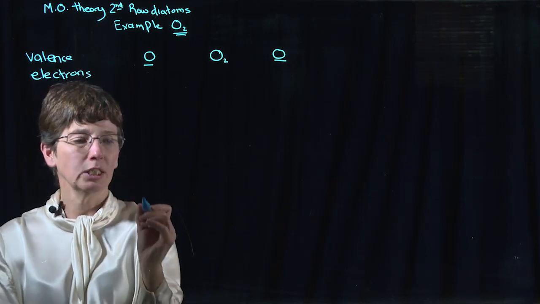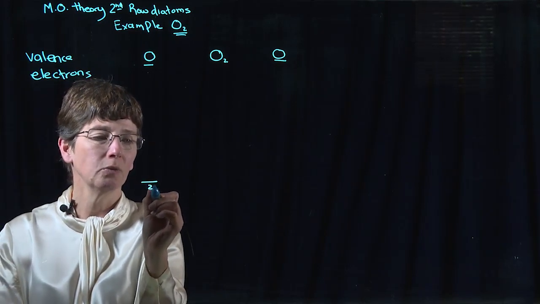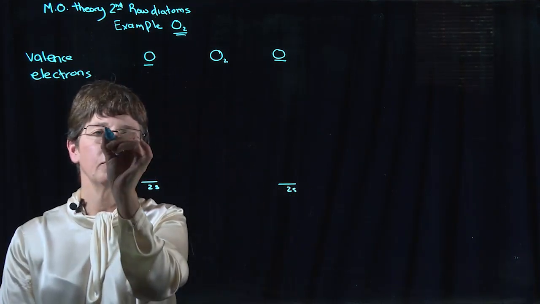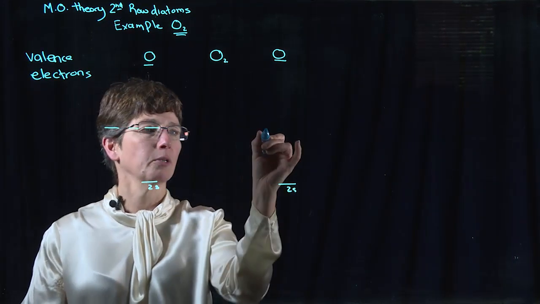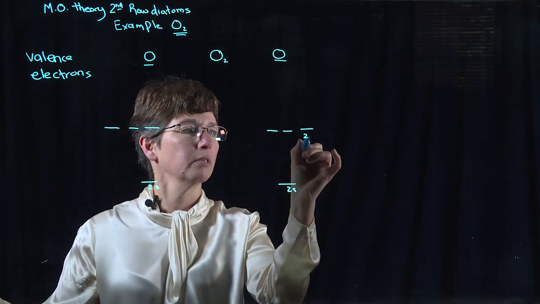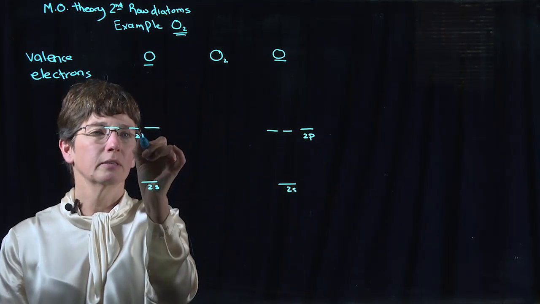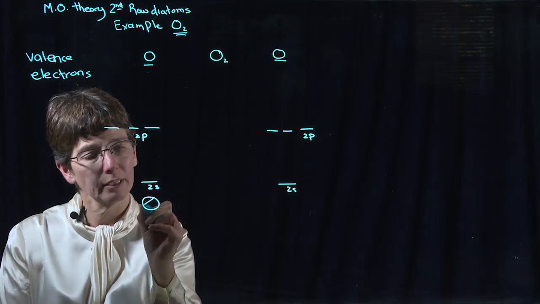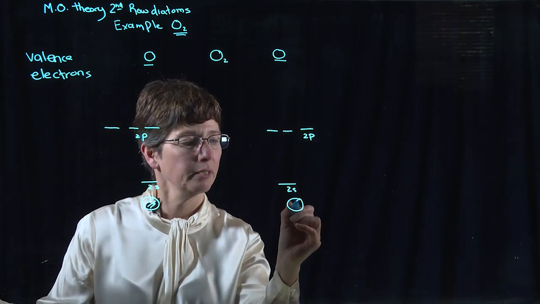So in oxygen, we have 2s atomic orbitals, and we also have 2p atomic orbitals. And we do know what these look like.